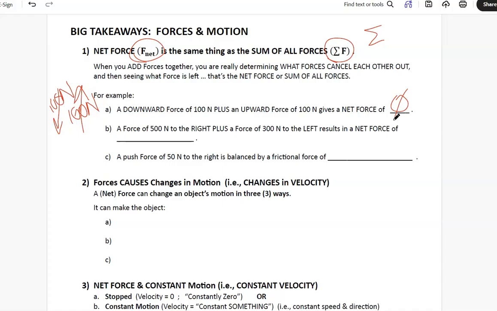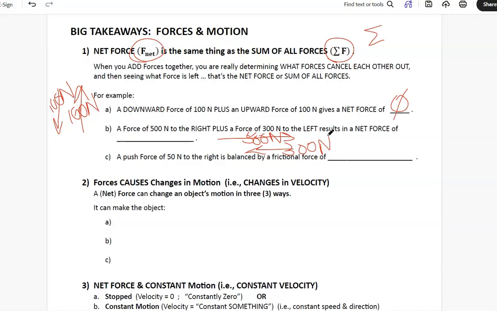Part B, a force of 500 newtons to the right. So we have 500 newtons to the right. And a second force of 300 newtons to the left gives a net force of what? Well, the 300 newtons will partially cancel the 500 newtons.